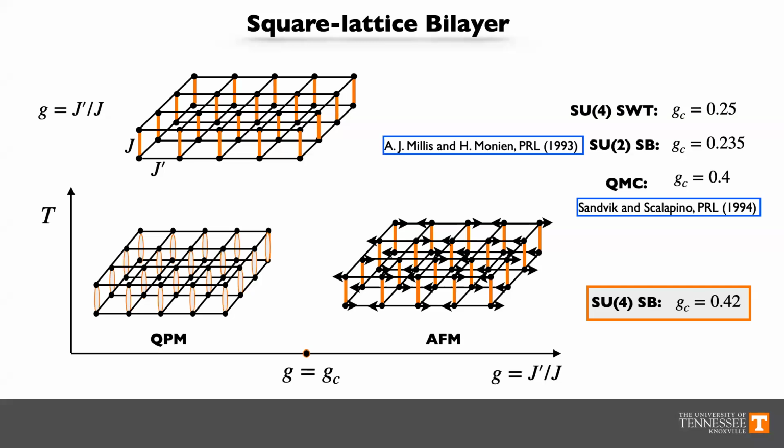So you don't get a very good agreement with a classical theory, even if you use SU(4). If you use SU(2) Schwinger bosons, you get 0.235. Doesn't look good. But if you now use SU(4) Schwinger bosons to describe these dimers, you get 0.42. So you get a value that is much closer to the Monte Carlo result.